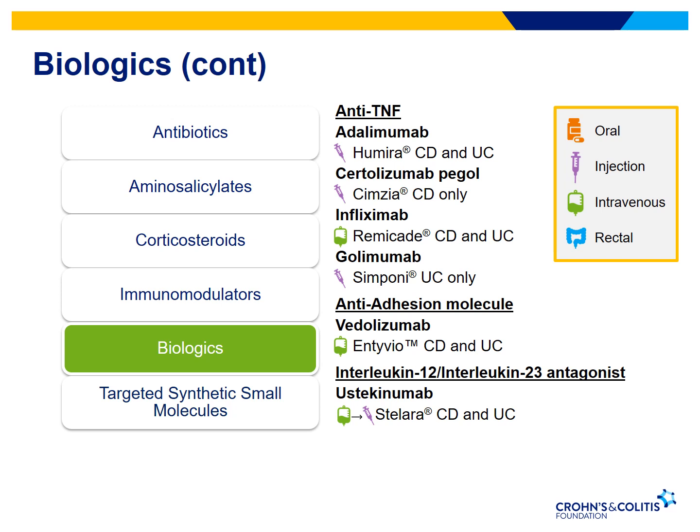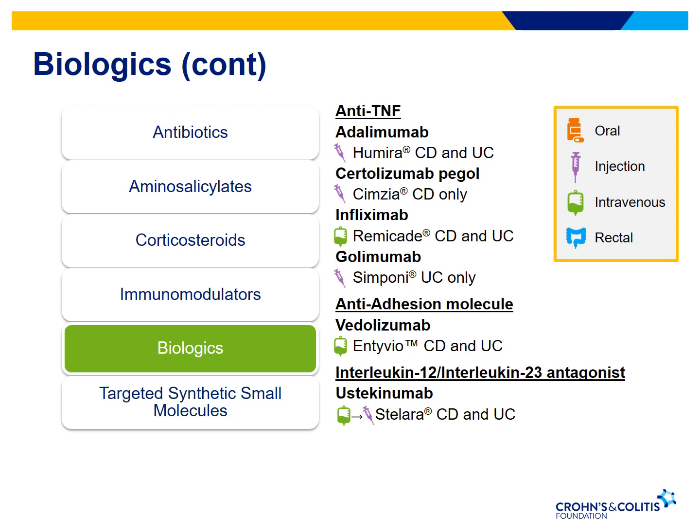These are the biologics that are currently available. Broadly speaking, there are 3 categories. Anti-TNFs, these are antibodies to tumor necrosis factor alpha, which is a chemical that promotes inflammation. These are a combination of an IV infusion, that is infliximab or Remicade, or injections, which is adalimumab or Humira, certolizumab or Cimzia, golimumab or Simponi.